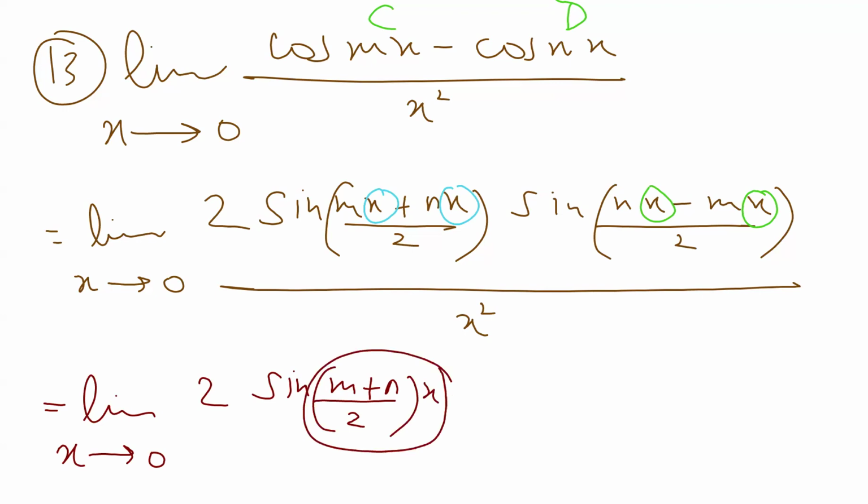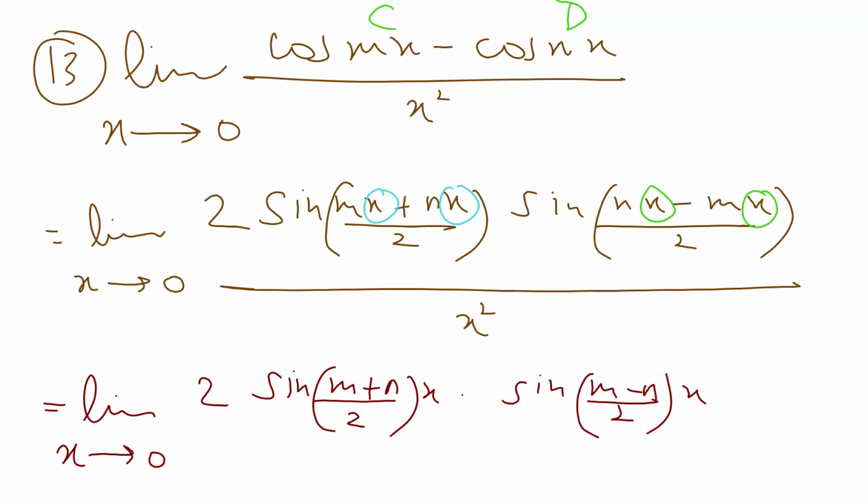Now this entire thing is the angle, this is theta, into sine m minus n upon 2 into x. Now there is x square down. So I'll give one x to the first sine and the other x to the other sine.